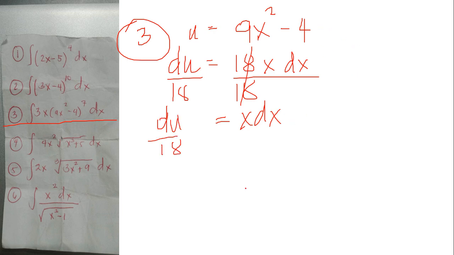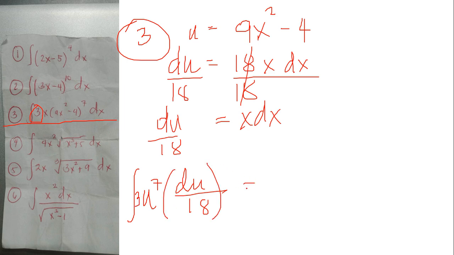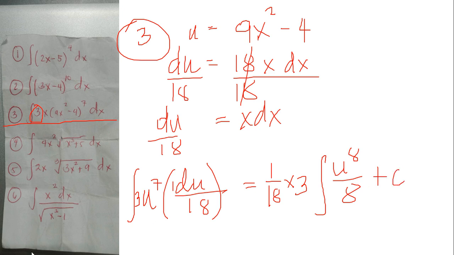Ito yung shortest version ng ating equation. So, u raised to 7, tapos du all over 18. Tapos, meron siyang 3 sa harap. So, it's equivalent to 3 times 1 all over 18, so 1 all over 18 times 3. Integral of u raised to 8 all over 8 plus c.